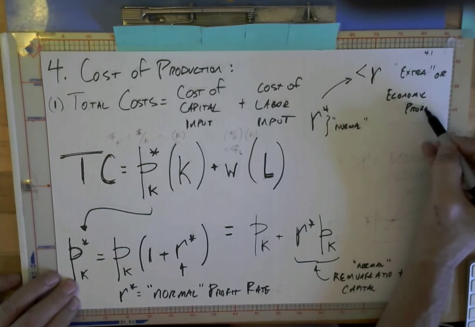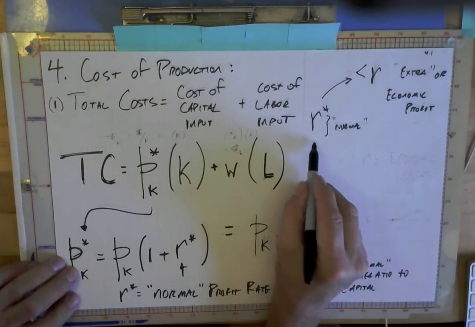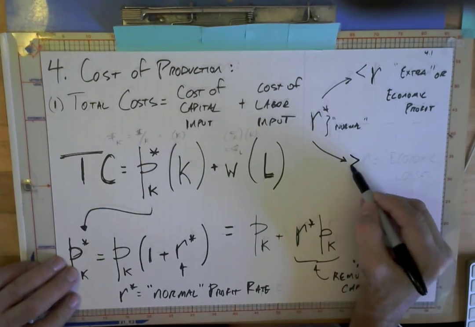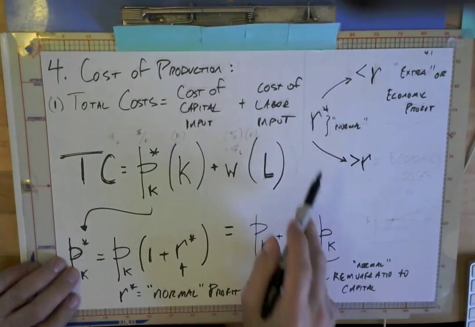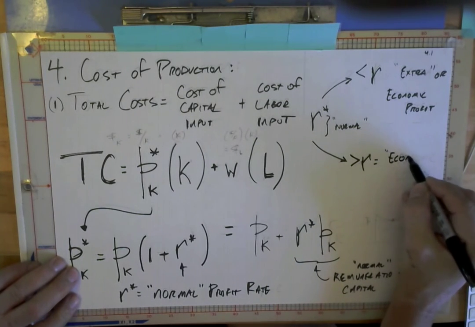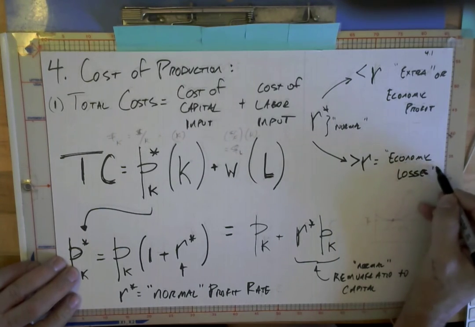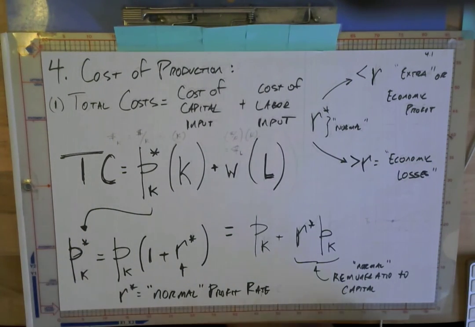When you're looking at your perfectly competitive model and the micro approach, economic profit is profit over and above the normal profit. If you have a profit below the normal, that's referred to as economic losses, where economic losses can, by definition, be equal to positive accounting profit.